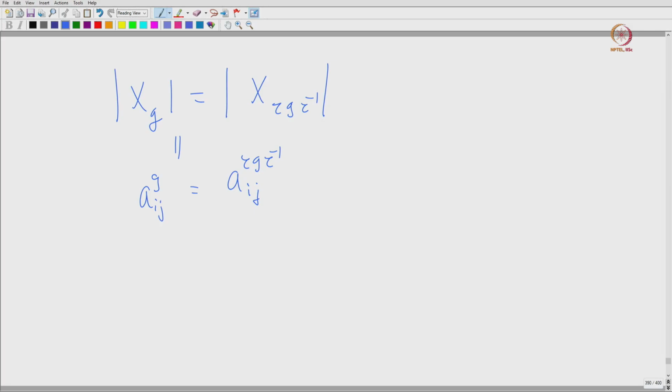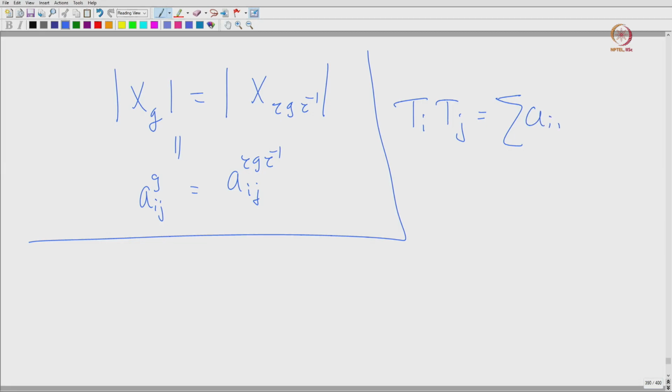So, with this we have that T_i T_j is nothing but summation a_{ijk} T_k, where k runs over 1 to s. That means this T_i exactly behaves like algebraic integers. Now, how are we actually going to get what we wanted?